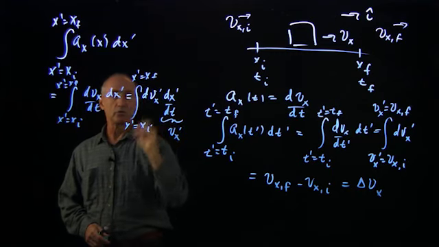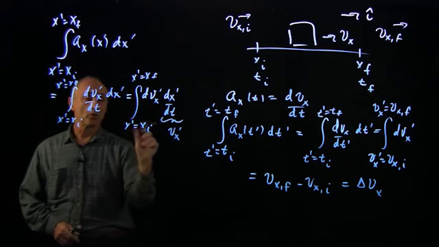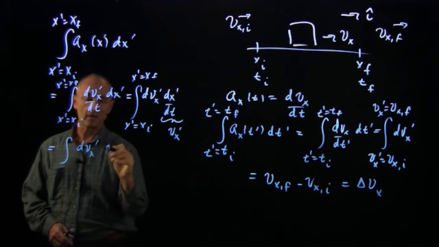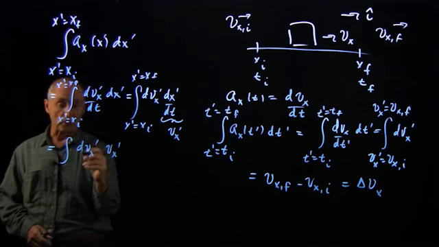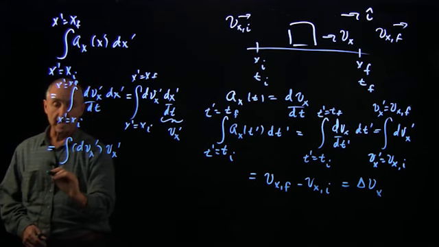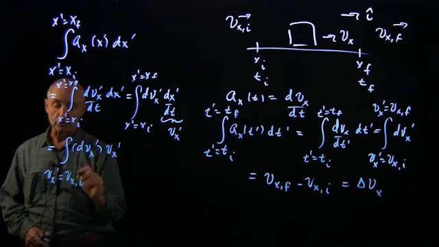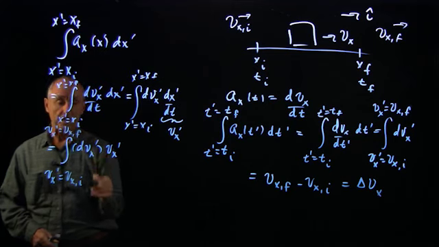Now, I'll introduce some dummy variables there as well. So what our integrand becomes is dvx prime times vx prime. That's not a function, it's a product of a differential times vx prime. And now our new integration variable is going from some initial value to some final value.